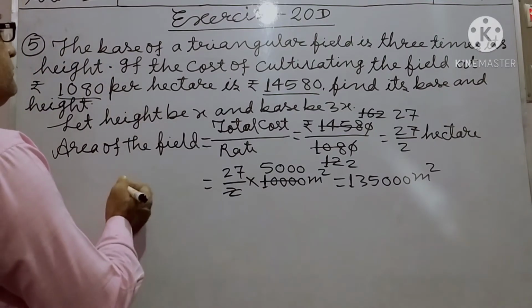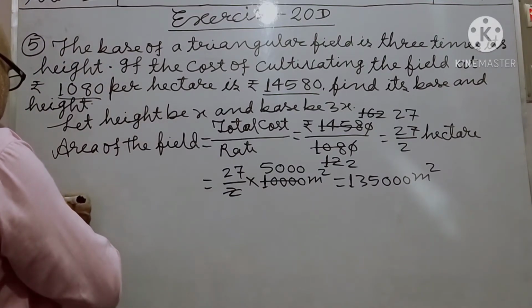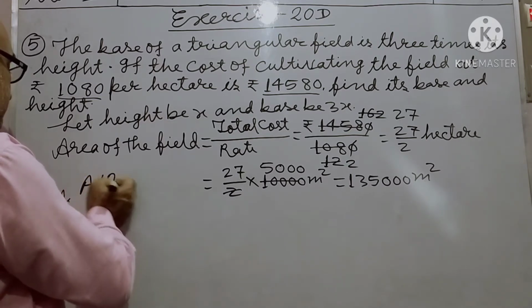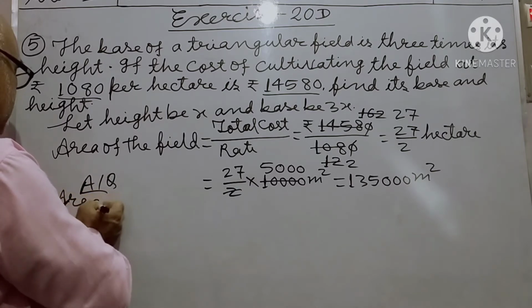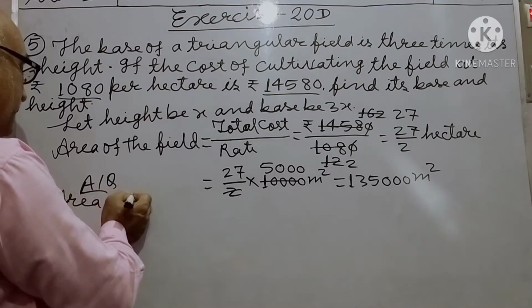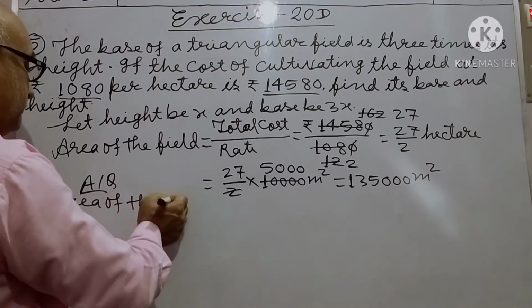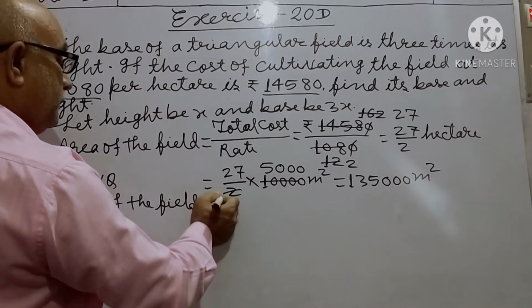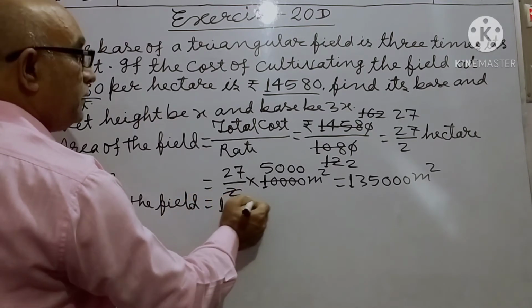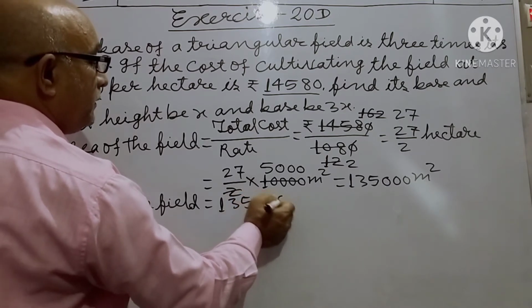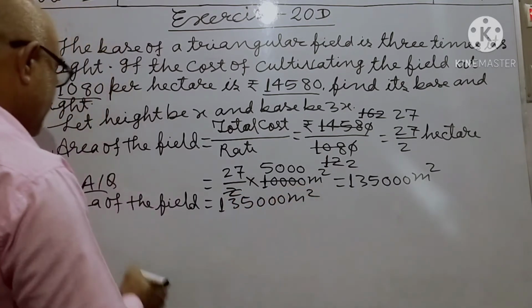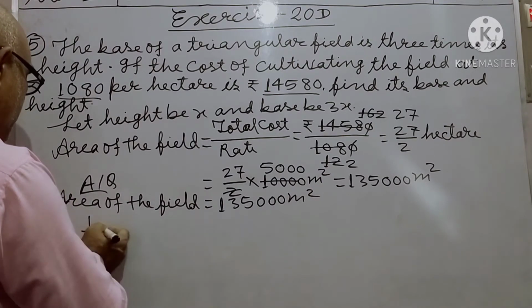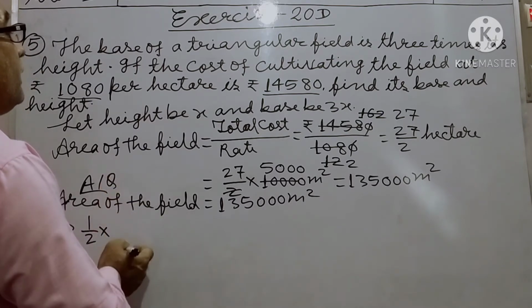Now, according to question, area of the field equal to 135,000 meter square, equal to 1 by 2 into base into height.